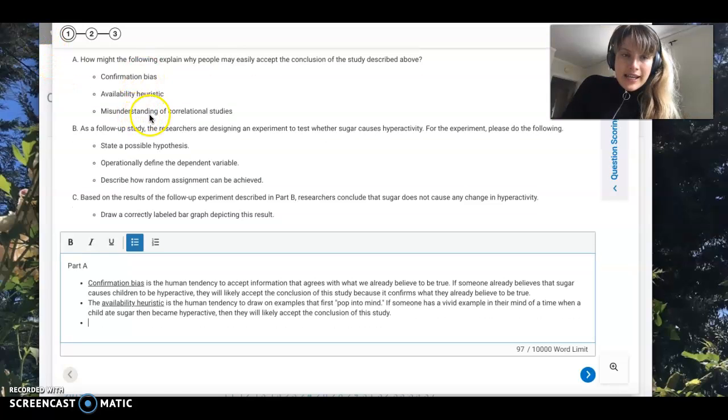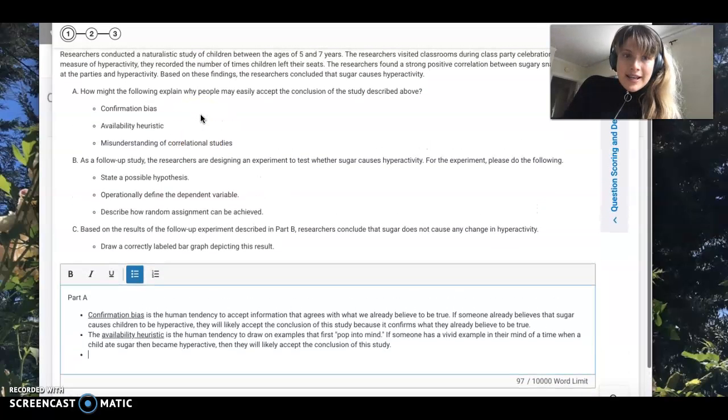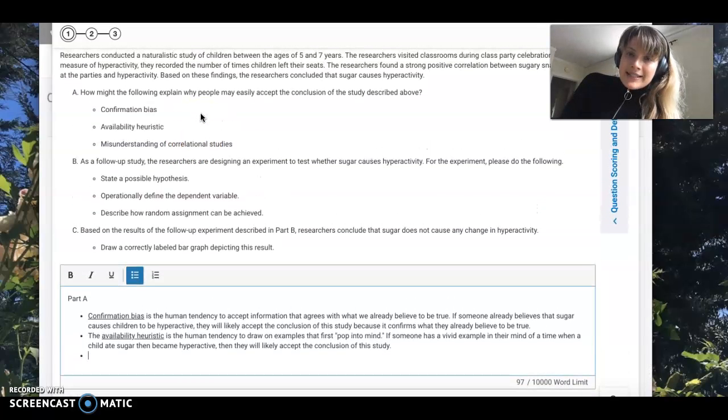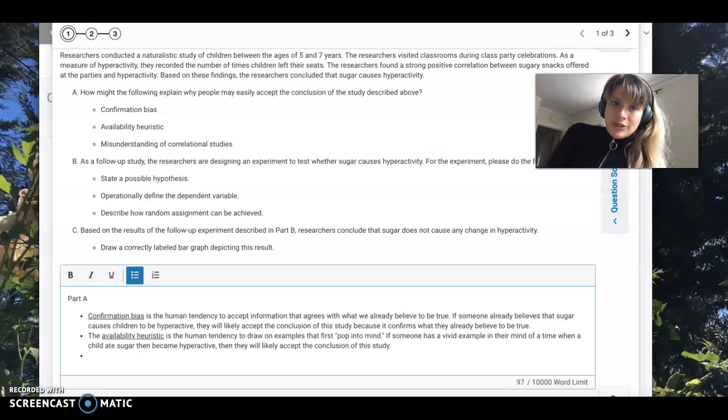Okay, and the last one is a misunderstanding of correlational studies. Someone might accept the conclusion that sugar causes hyperactivity if they don't understand that correlation is not causation.